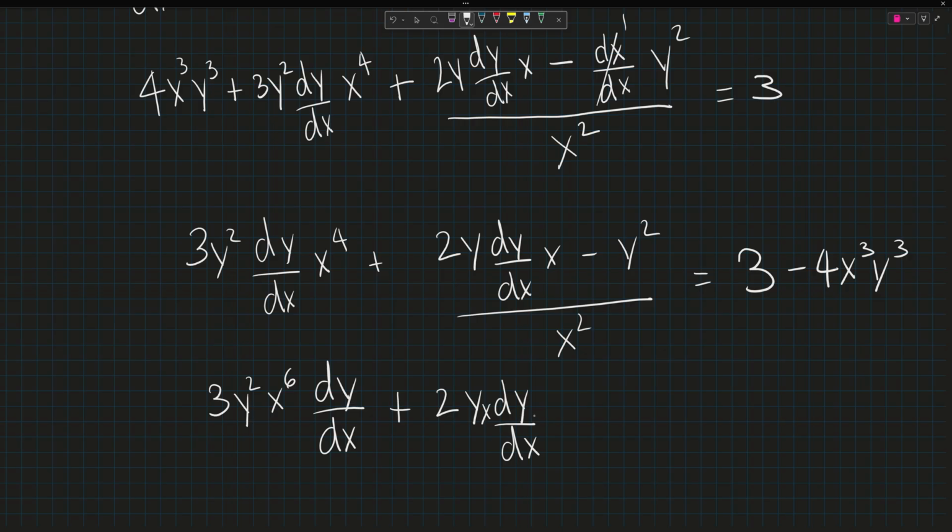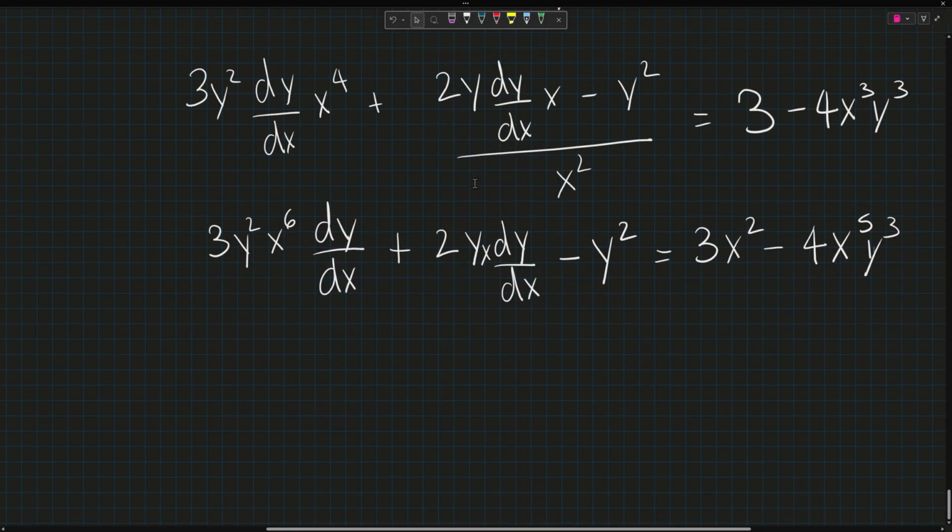I'm going to say 2yx dy over dx minus y squared equals 3. Now we have to multiply by x squared, right? 3x squared minus 4 x to the fifth y to the third. And if you see this now, we have simplified this a lot.